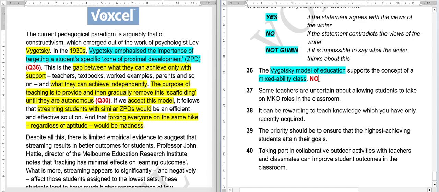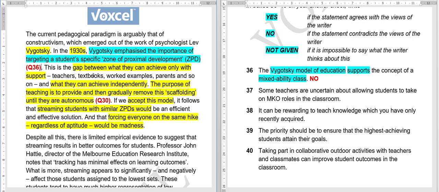If not, don't worry. Here they're saying that Vygotsky supports the concept of mixed ability class, like it's in favor of mixed ability class. But no, this particular person is emphasizing the importance of the specific zone of proximal development, and that is dividing students according to their ability, not mixed ability class.